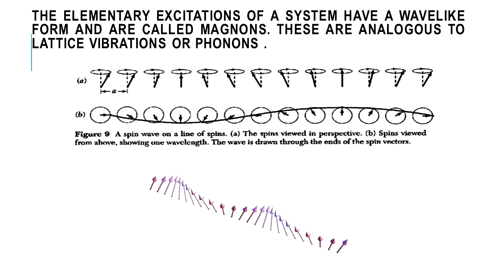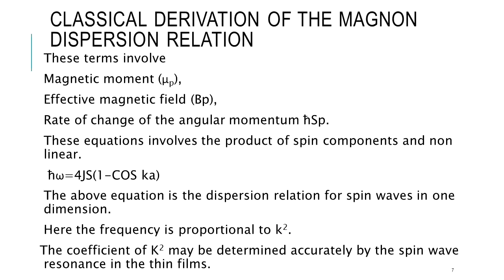Now we need to derive the dispersion relation, that is, how the energy depends on the k value. For that, this involves the magnetic moment for a particular site. Let's say we are considering the p-th spin, then the magnetic moment of the p-th site, the effective magnetic field, and the rate of change of angular momentum H cross S_p give the dispersion relation, and we are going to derive this.